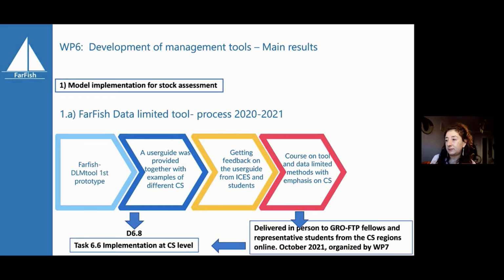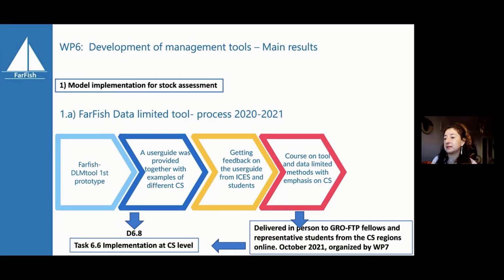We have also taught a course about this tool and the data limited method tool, with emphasis on these case studies, for students at the University of GRO FTP in Iceland. We had students who were attending physically, but there were also students online working on different case studies as well.